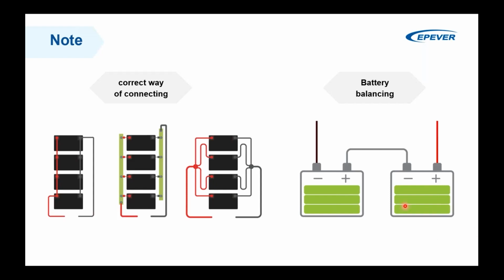Of course, you can use balancing devices in your off-grid system, but APR does not provide those kind of devices. But you can always easily measure the batteries, even if you want to check your system after 1 year, for example, or 6 months.